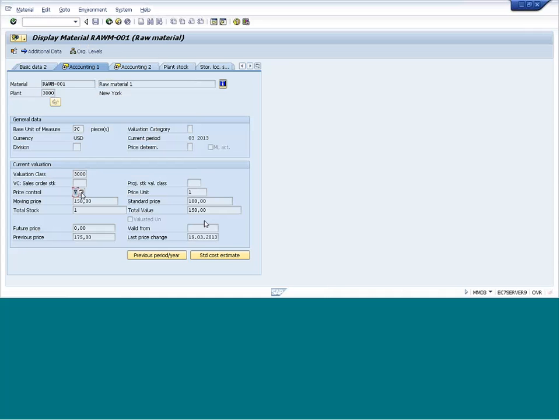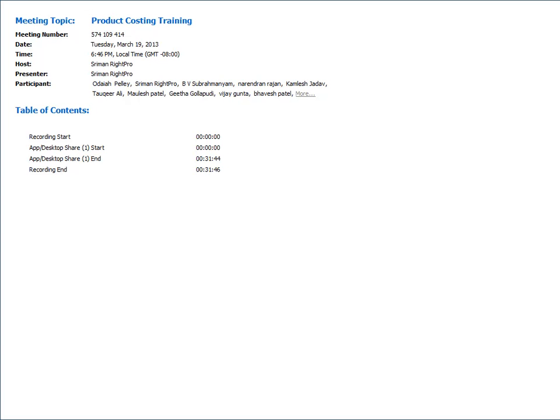Normally even for the finished goods, we can have a V. Yes, you can have a V. SAP tells you not to have it, but you can have it. Nothing prevents you unless in the material type you block it. Otherwise you can have moving average price for any material. That is not a suggested way, but you can have it. Okay, thank you.